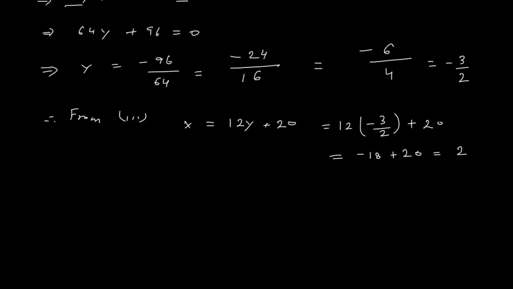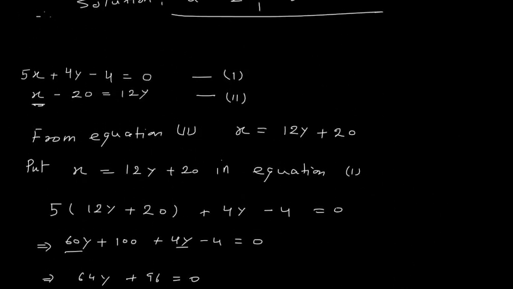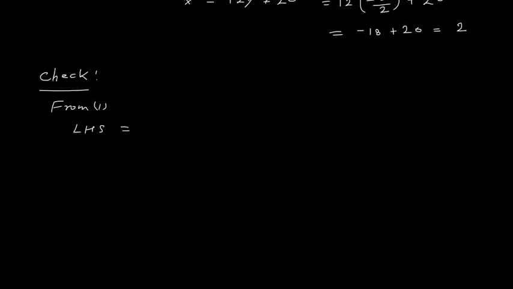Now I will substitute these values. Whenever you have any doubt you can cross check. So from equation 1, we are checking. My LHS, left hand side of the equation, is 5x plus 4y minus 4.